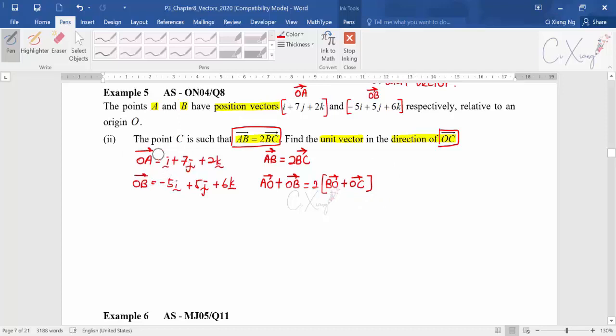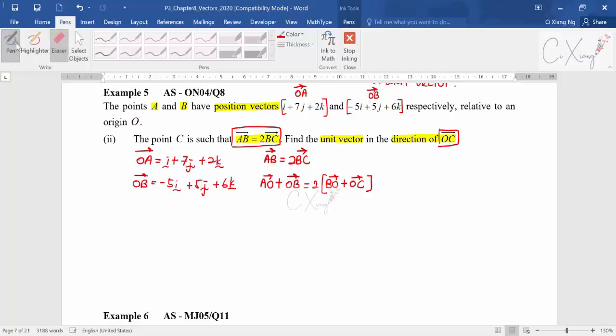OA is this, so AO should be in the opposite direction, meaning negative I, negative 7J, and negative 2K. Myself, I really hate to write it in this IJK pattern. I think it is a bit troublesome.